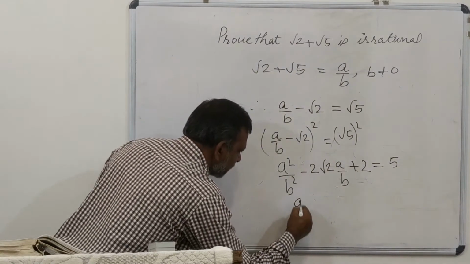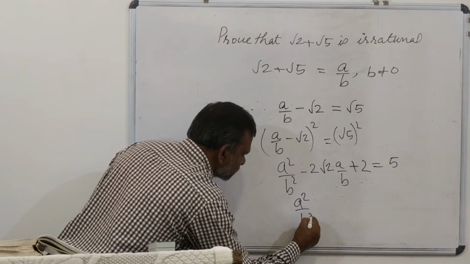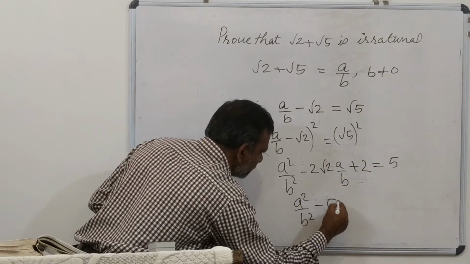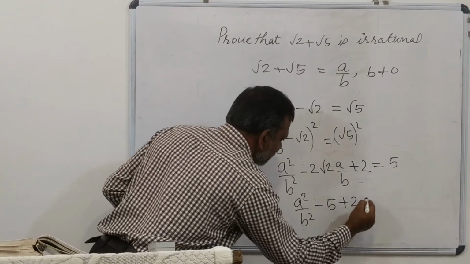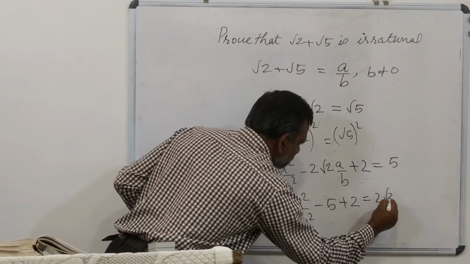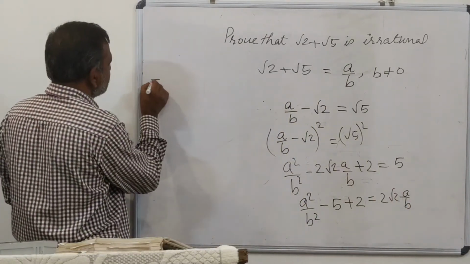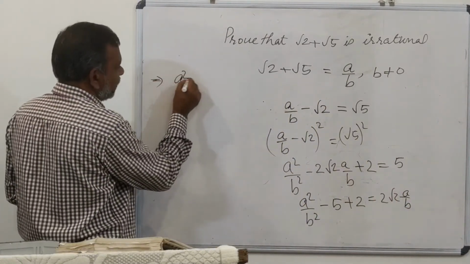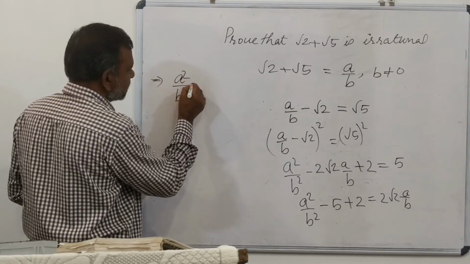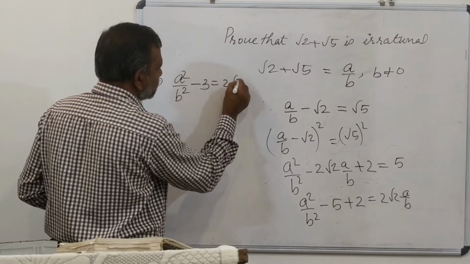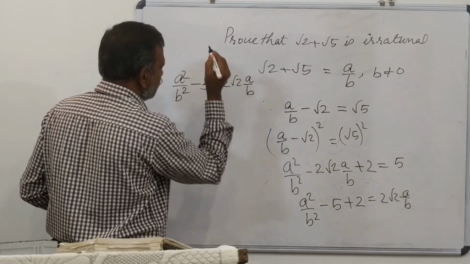Simplifying, therefore a square by b square minus 5 plus 2 is equal to 2 root 2 a by b, which implies a squared by b squared minus 3 equals 2 root 2 a by b.